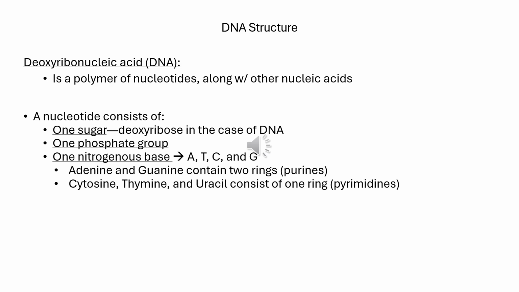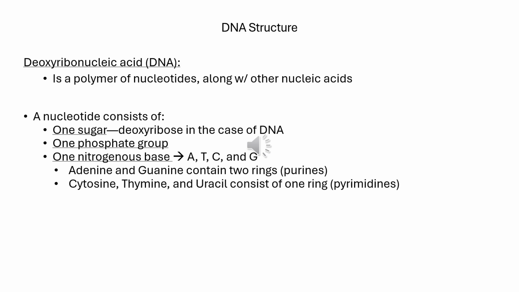DNA is a chain of nucleotides which are joined together, and a nucleotide consists of a sugar, a phosphate group, and a nitrogenous base. The sugar, as we said, is deoxyribose.